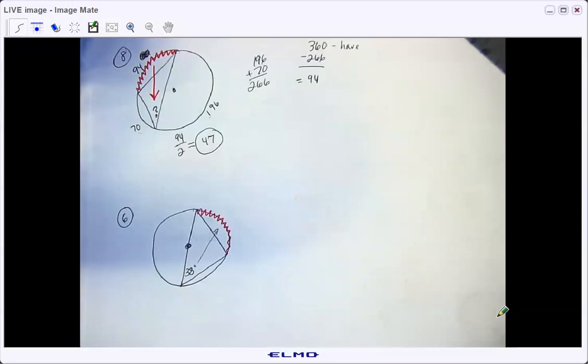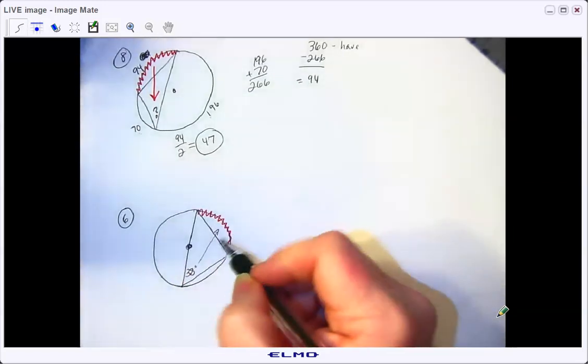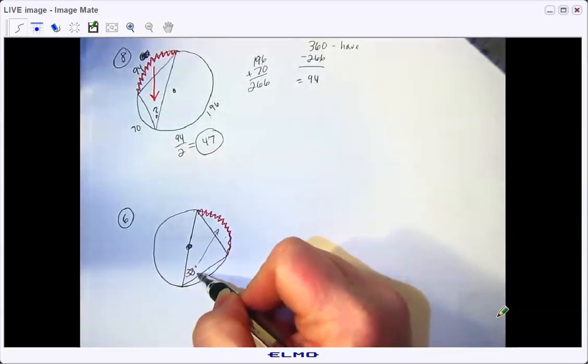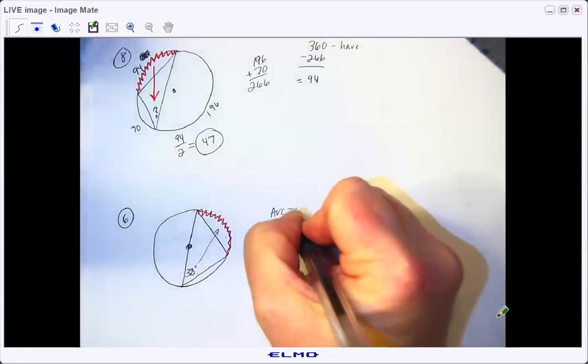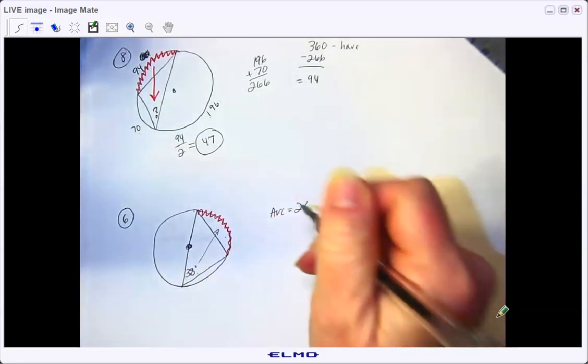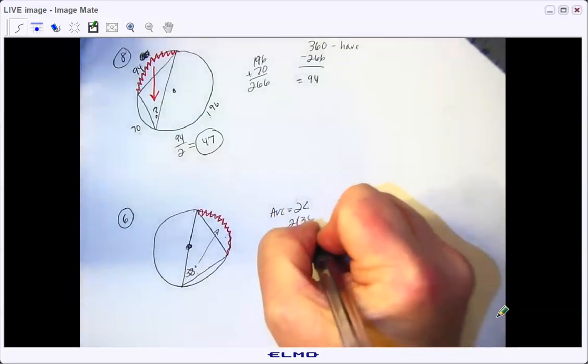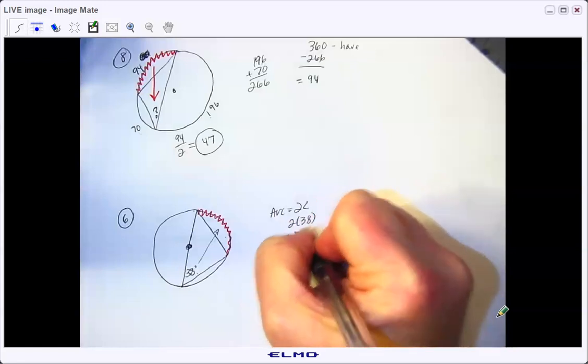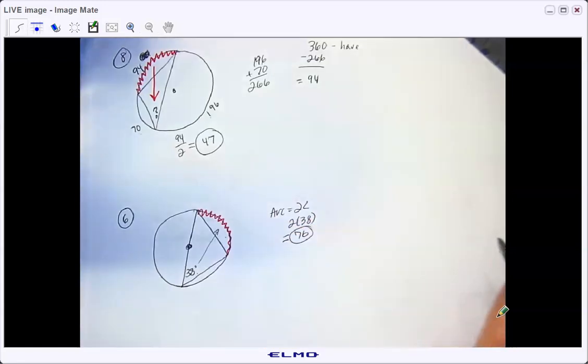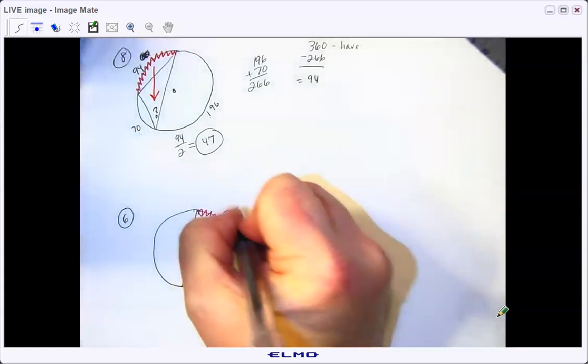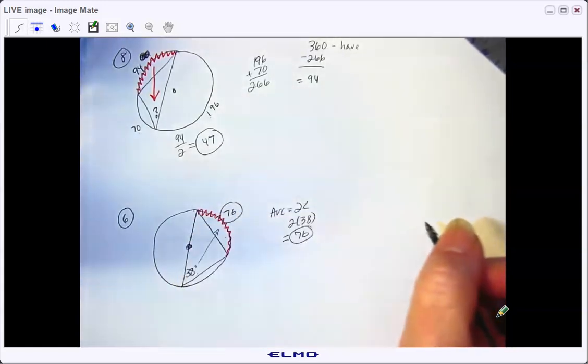Okay, so we know that this is the arc that goes with that angle. The arc is 2 times the angle. So 2 times 38 would equal 76. And you're done. That's number 6.